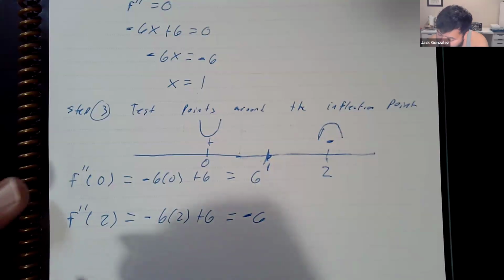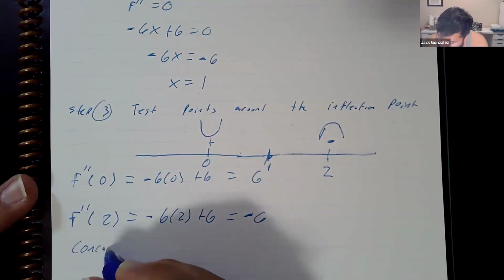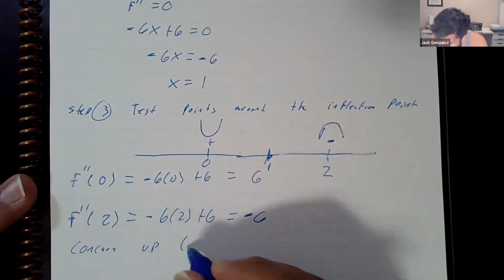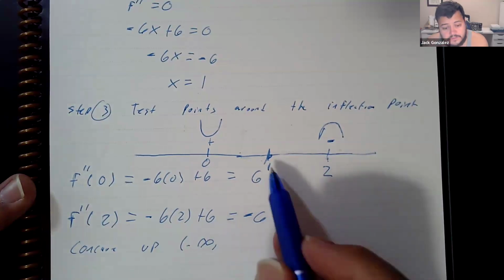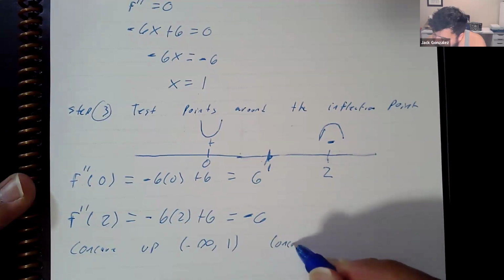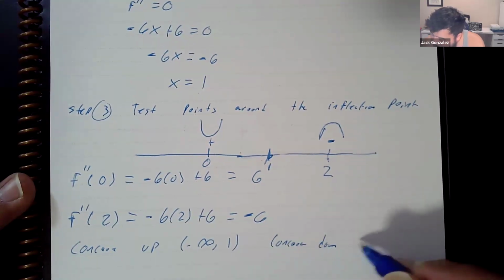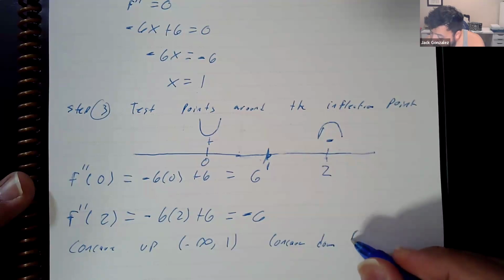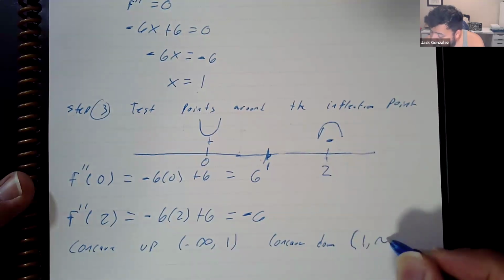Okay. So we are concave up from negative infinity all the way until we get to our change of inflection. Concave down from 1 to infinity.